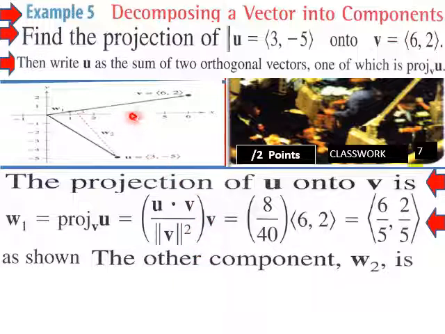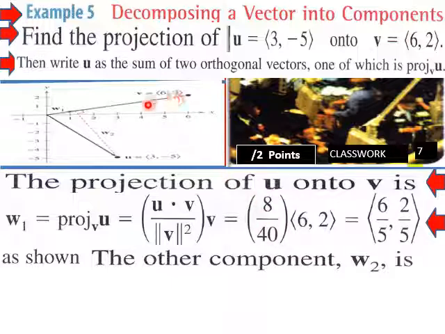So in this case, when we take the magnitude of V squared, we come up with 40. And then our 8 here is U times V. So U times V in this case, 3 times 6 would be 18, minus 10 would be 8, so that's how we get our U times V up here.